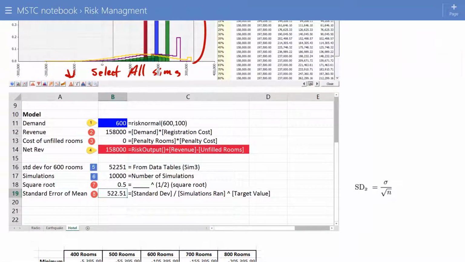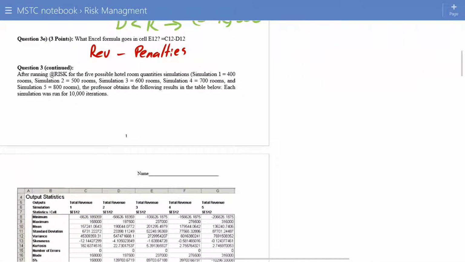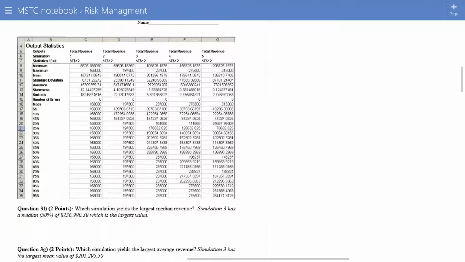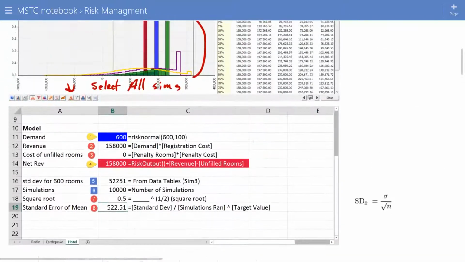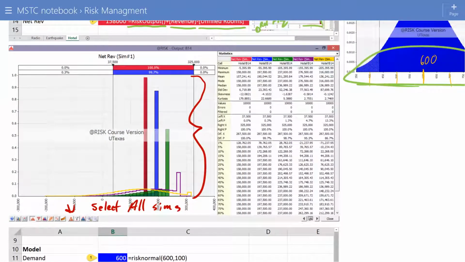And then he's going to ask for some descriptive statistics about it, and he gives you the output statistics. He's asking which simulation yields the largest median revenue, and that right here is simulation 3. If we look back here, you will see the highest median revenue right there.